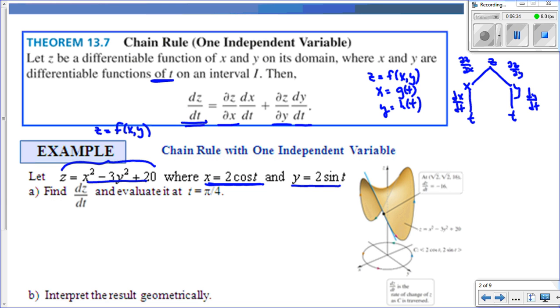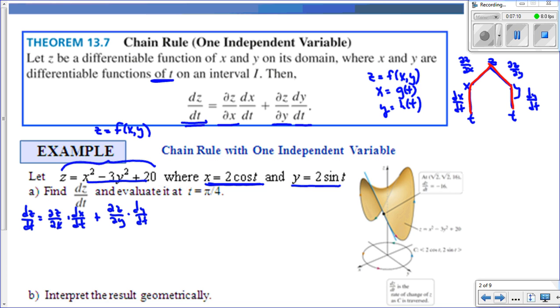So coming down this first path, take the product of those two derivatives: the partial of z with respect to x times the derivative of x with respect to t. And now the second path, the partial of z with respect to y times dy/dt.